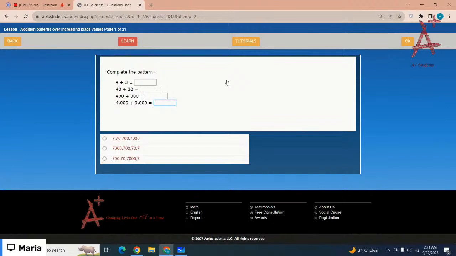Which option is the correct one? 4 plus 3 makes 7, isn't it? So the correct option is option number 1. 7, 70, 700 and 7000. Very good. Option number 1 is the correct option.